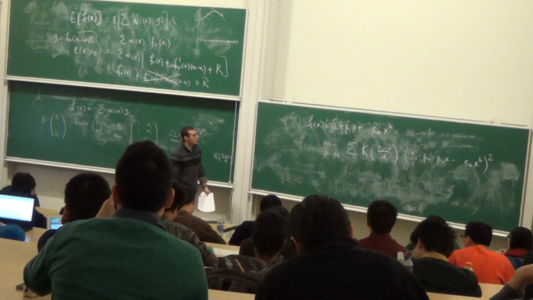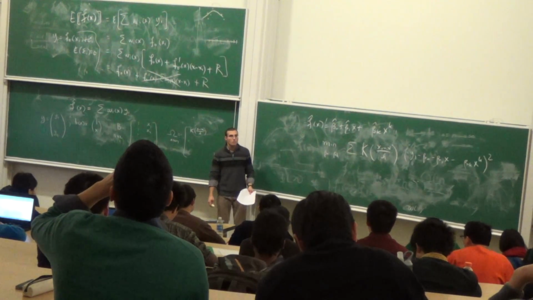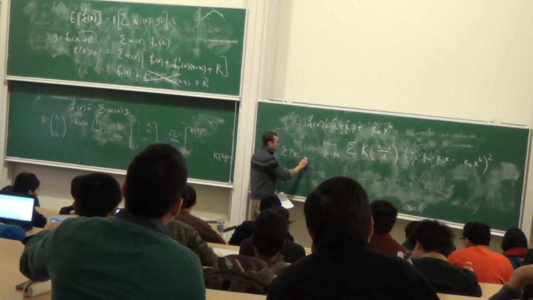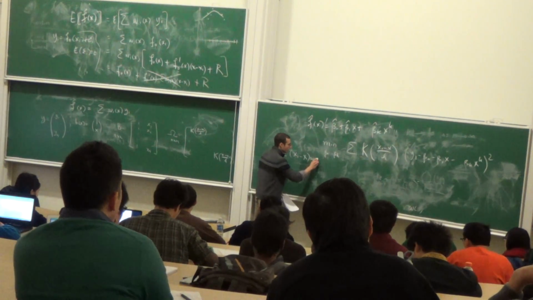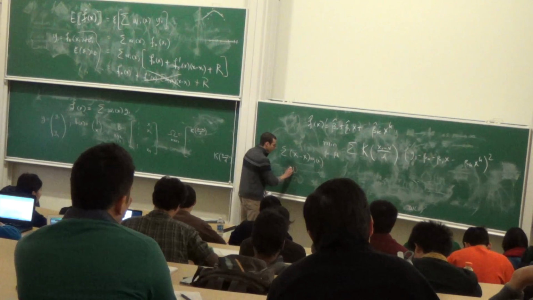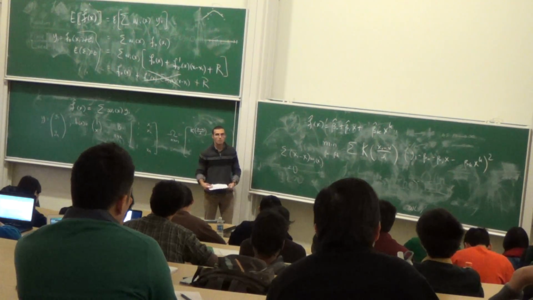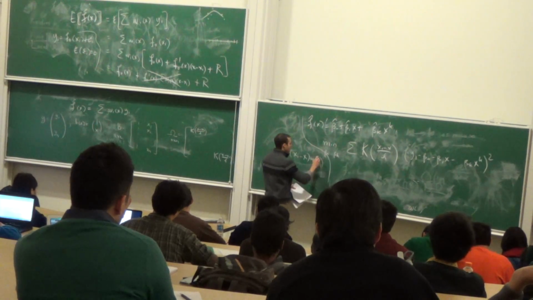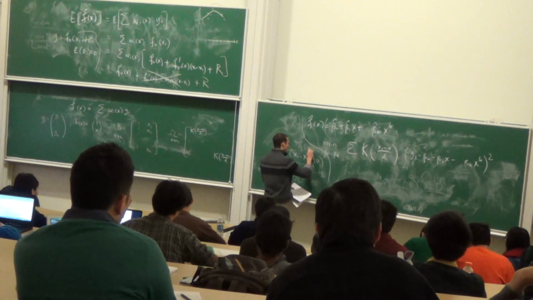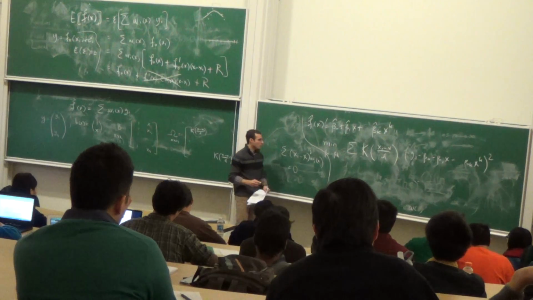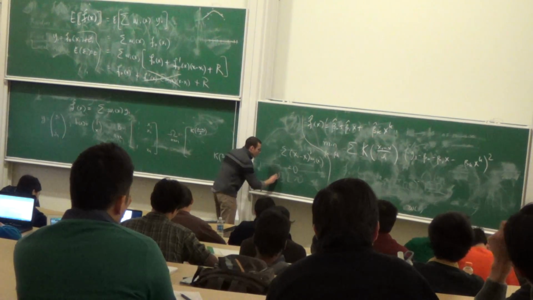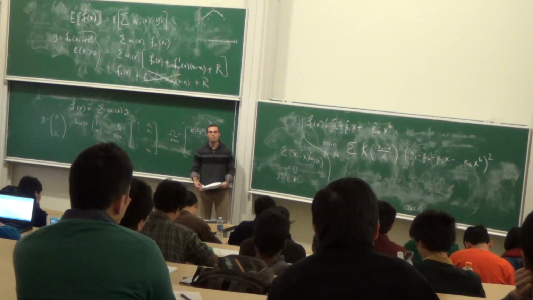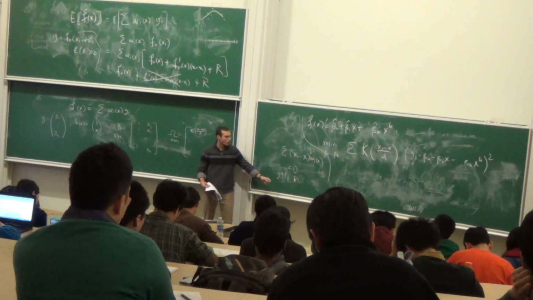And what you can show is that the key property for local linear regression, that the sum of (xi minus x) w_i(x) equals 0, for polynomial regression holds for the power j, for all j between 1 and k. All those terms are 0. That's what you're going to prove on the homework.